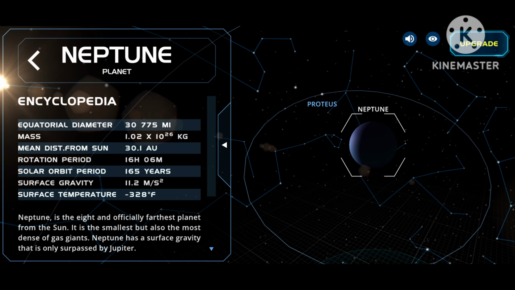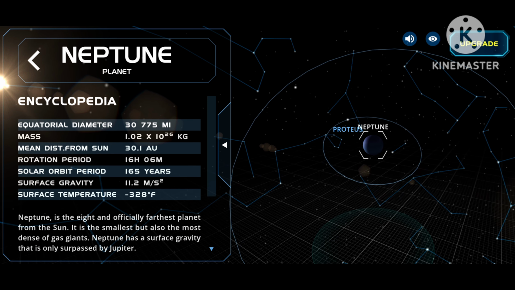One rotation on its axis takes around 16 hours and 6 minutes, and it completes one revolution, or one circle around the Sun, in 165 years. The surface gravity is 11.2 meters per second squared, and the surface temperature is minus 328 degrees Fahrenheit.